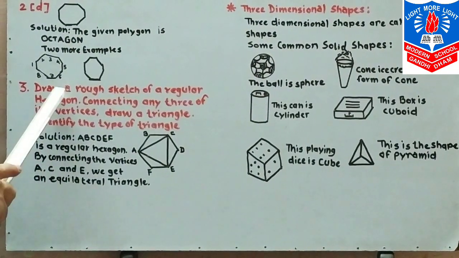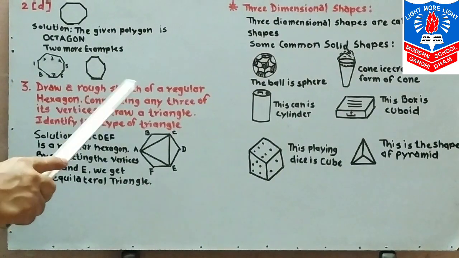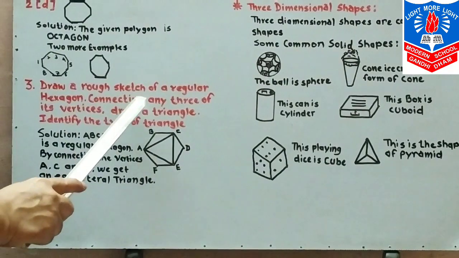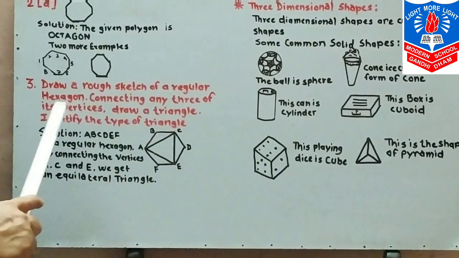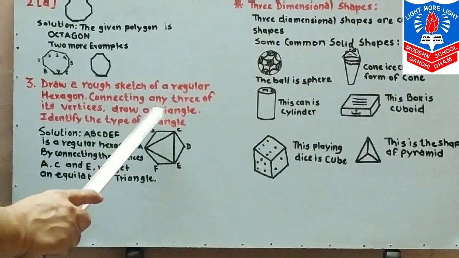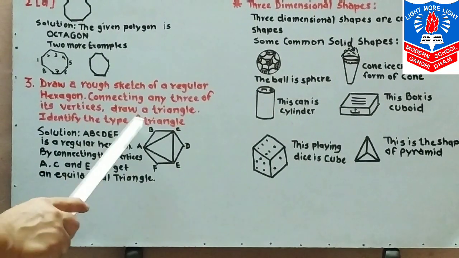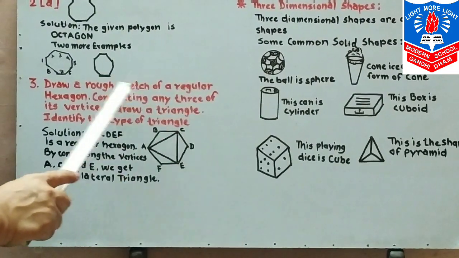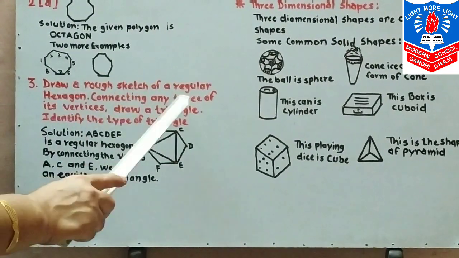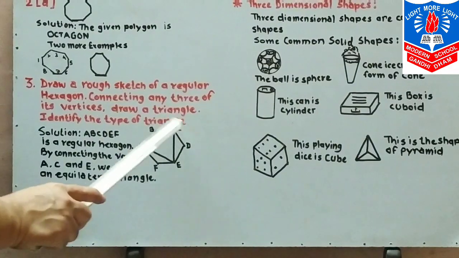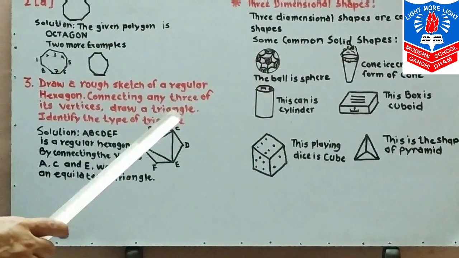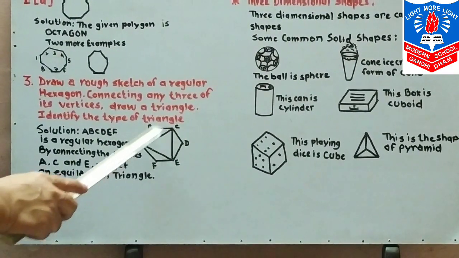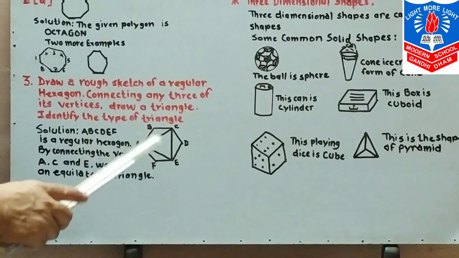Question number 3. Draw a rough sketch of a regular hexagon. Connecting any 3 of its vertices, draw a triangle. Identify the type of triangle. Here it says regular hexagon. Regular hexagon means its 6 sides are equal in length. So we will draw one hexagon with equal lengths.